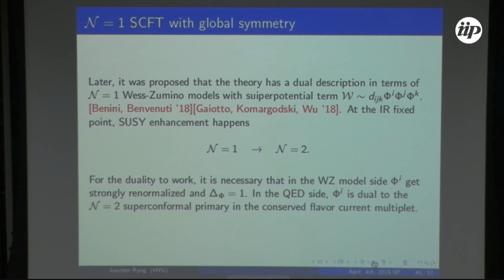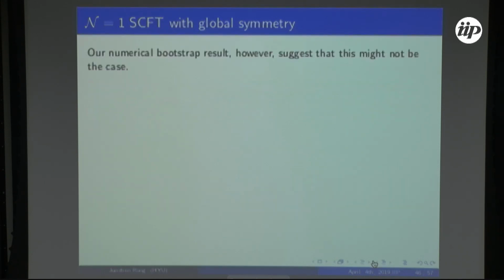But for the duality to work, it's necessary that this Wess-Zumino model, delta phi, gets strongly renormalized and becomes delta equal to 1. This is because in the duality, phi is the N=2 superconformal primary in the conserved current multiplet. So because of N=2 supersymmetry, it fixes its dimension to be 1.